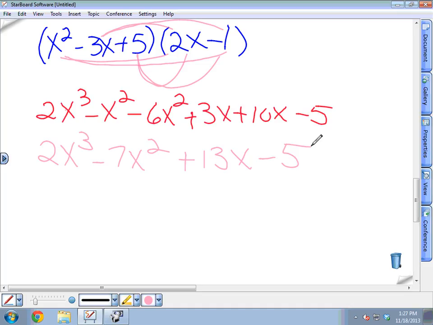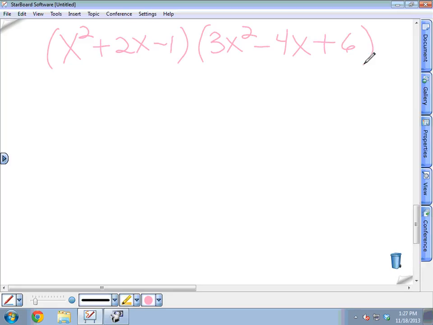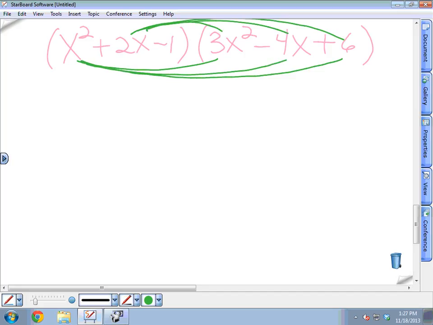You could keep going. I could multiply trinomials times trinomials, and I'm not going to do that because it's a long example. It'll be a lot of writing for you. But if I was multiplying, for example, x squared plus 2x minus 1 multiplied by 3x squared minus 4x plus 6, I would multiply this one times everything, and then this one by everything, and then this last one by everything.